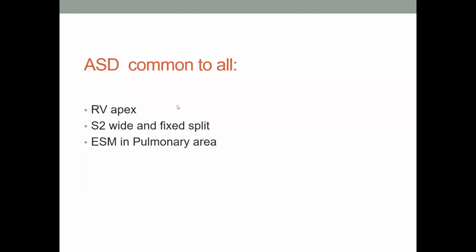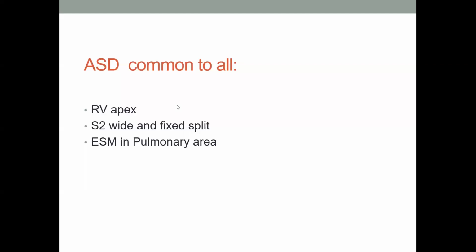Apex is RV. What do you mean by RV apex? I think Dr. Gaurav has asked the same question. Very important. In clinical examination, only 2 or 3 things are important. Obviously, JVP is important. Auscultation of S2 is important. Palpation, it is apex and parasternum. So how do you distinguish RV and LV?